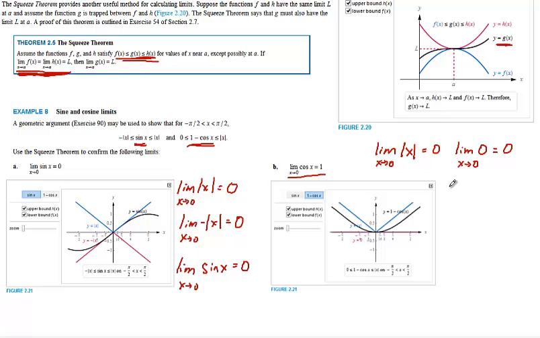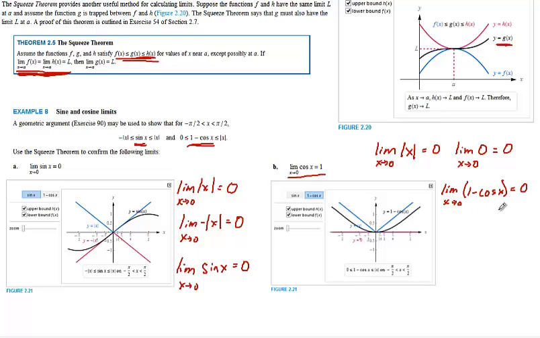So that gets me not what I want yet. That gets me the limit as x goes to 0 of this middle function, which isn't cosine x but is 1 minus the cosine of x. We get that this thing equals 0.